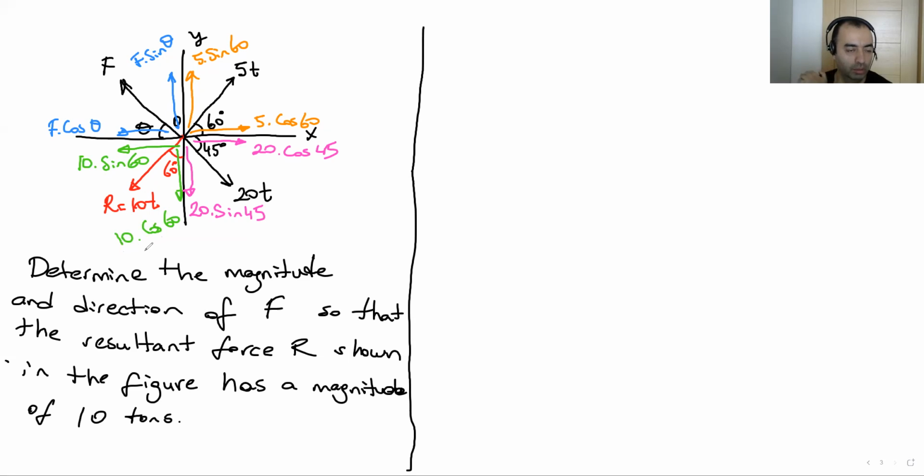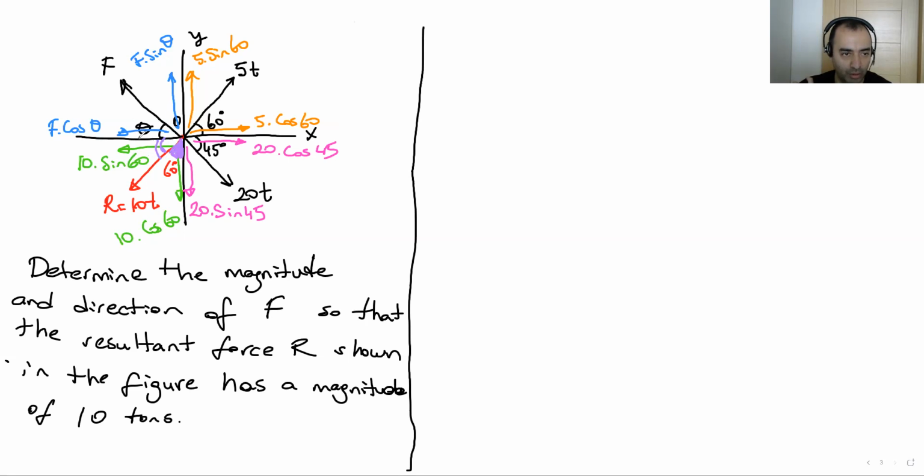You were anticipating the sine right here, sine 60. Okay, let me change the color. The given angle is here. If you use this angle, you are right. This is 30.